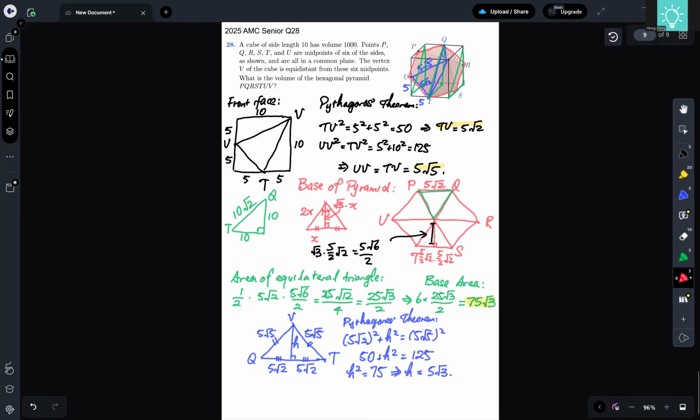Okay, now we can work out the volume of the pyramid, right? The formula is 1/3 times the area of the base times the height. So we know the area of the base, we just worked that out. It was 75 square root of 3.